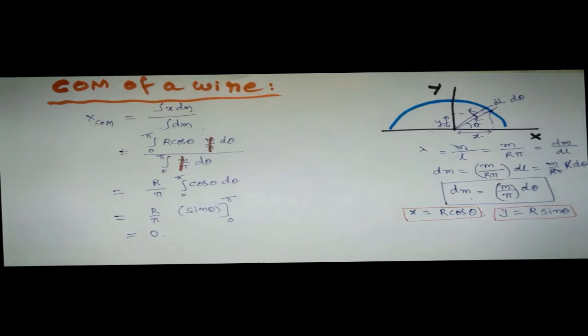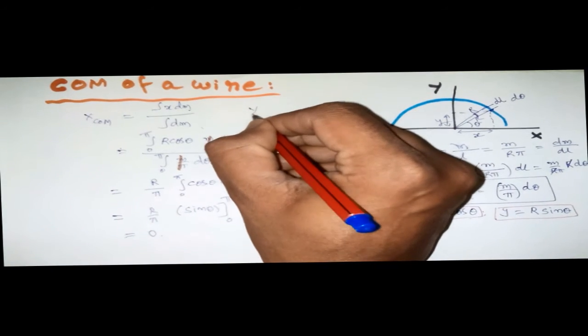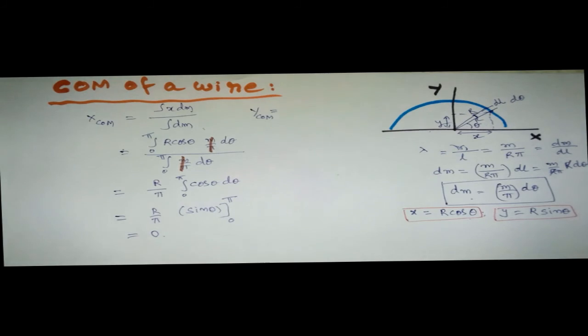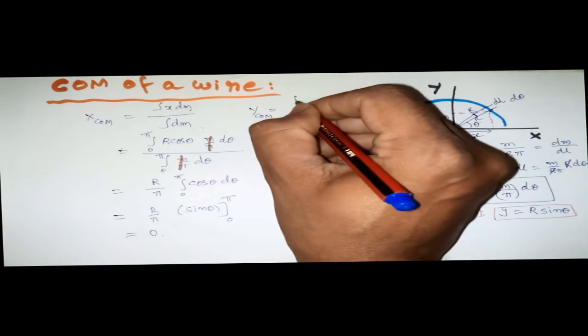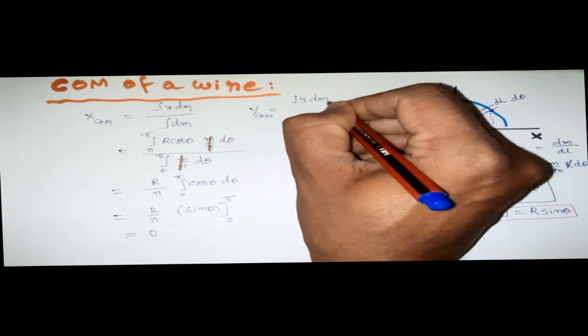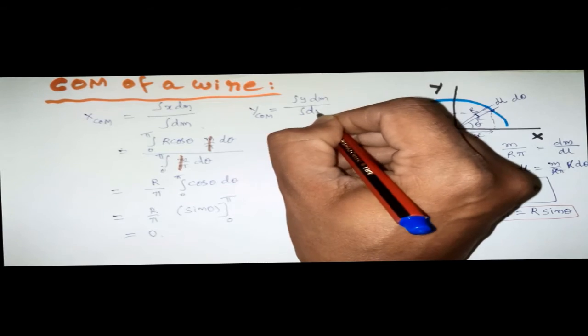Now, let us work out the y coordinate, y COM. The value of y COM is given by the same formula, integration of y dm divided by integration of dm.